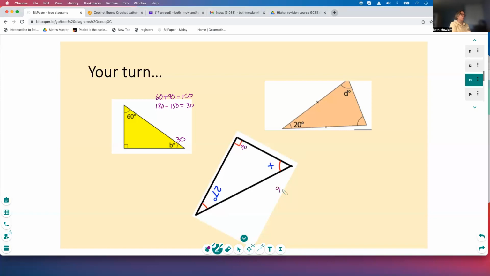So again, we've got 90 plus 27 equals 117. 180 minus 117 is 63. So 63 degrees.